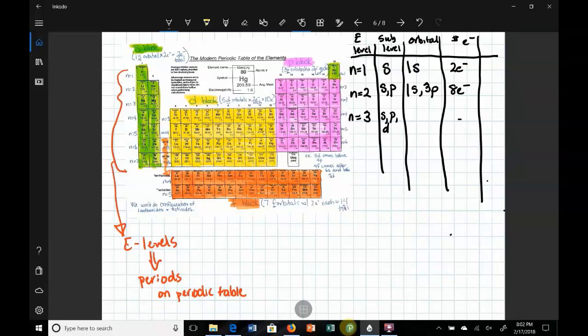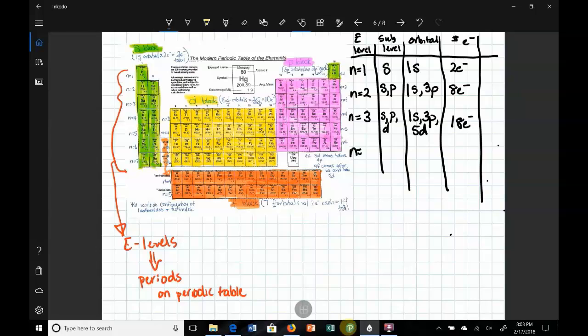Now, back down here to the third energy level, we have one S sublevel. We've got one s orbital. We're talking about orbitals. We've got 3 p orbitals. And if you remember, how many beds did we put in the house on the D level? In the D sublevel, we had 5 d orbitals. And if we remember, we had 18 electrons.